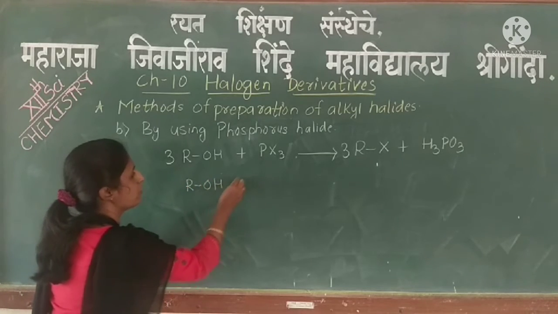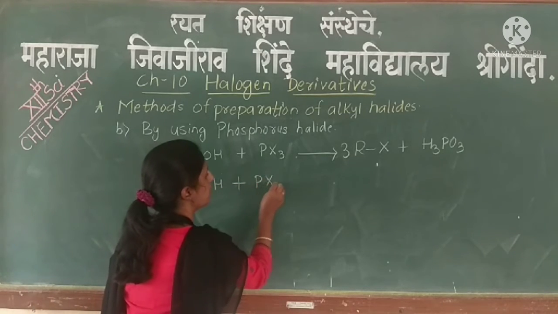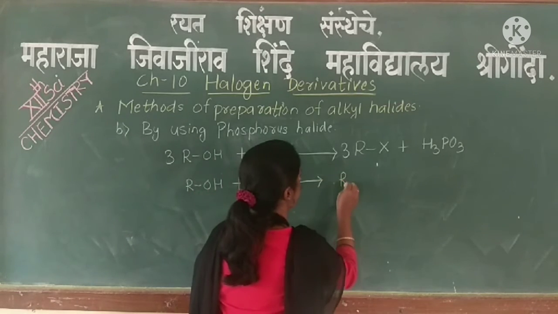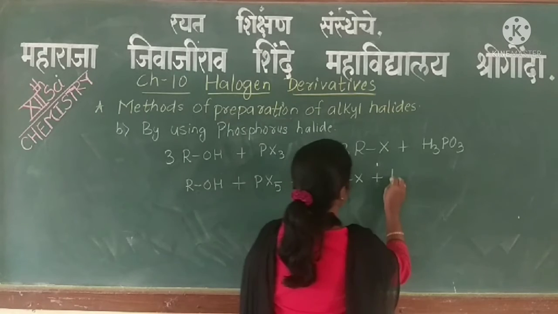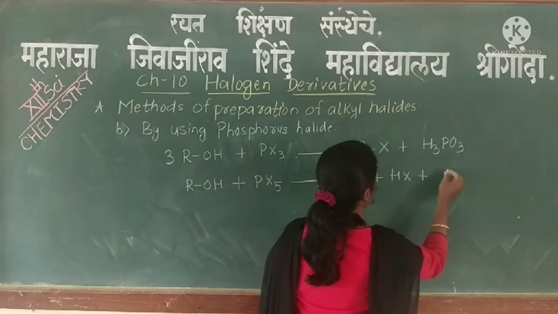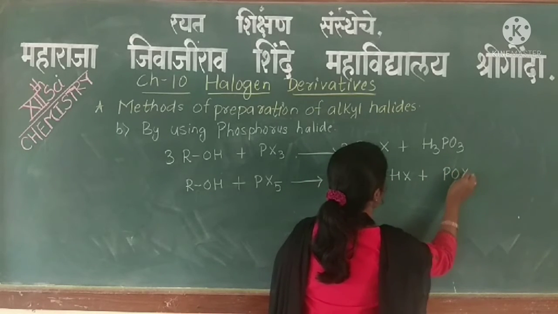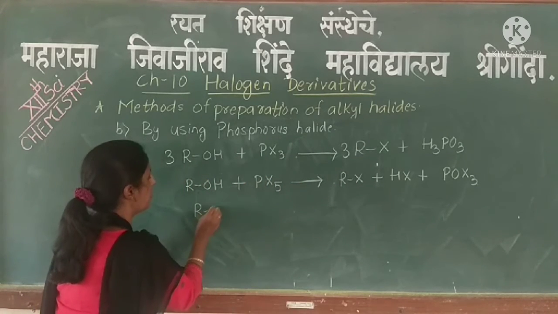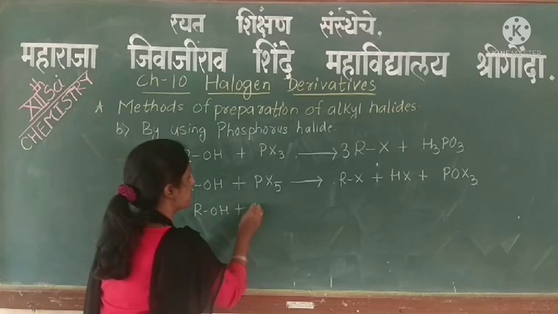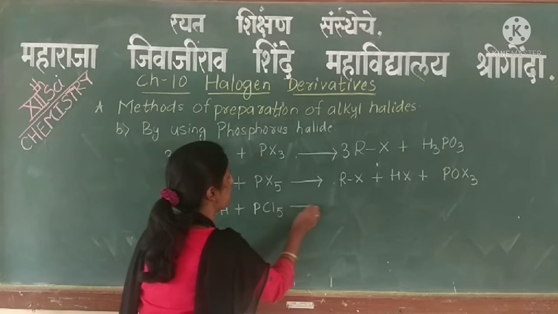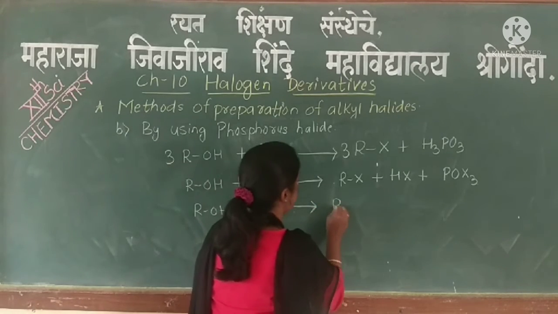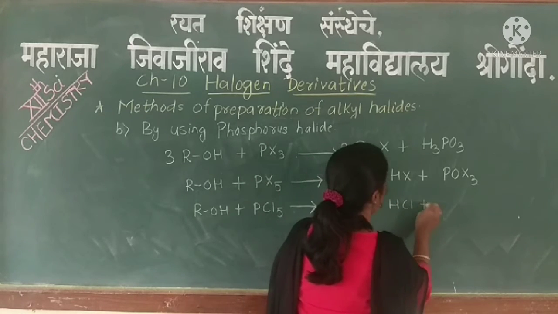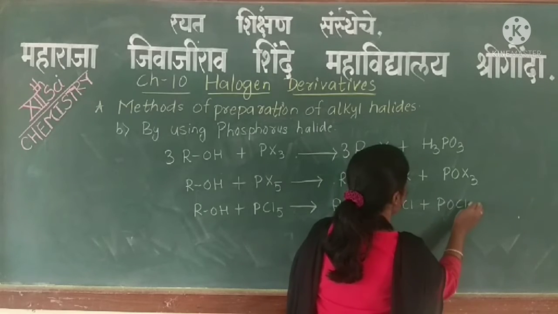And let's see phosphorus pentachloride. What are the products if you use phosphorus pentahalide? In general we can write ROH plus PCl5 gives you RCl plus HCl plus POCl3.